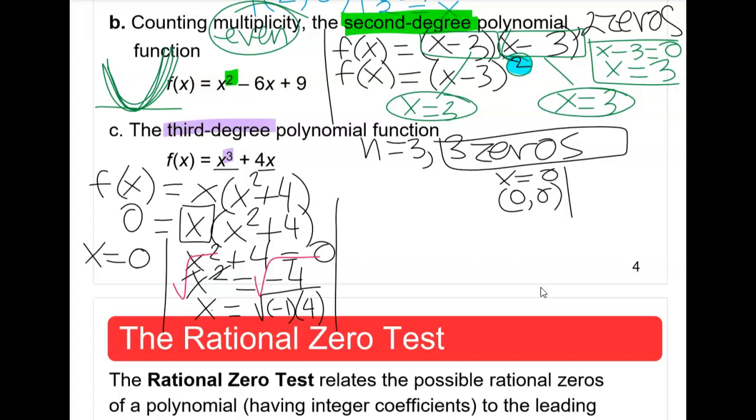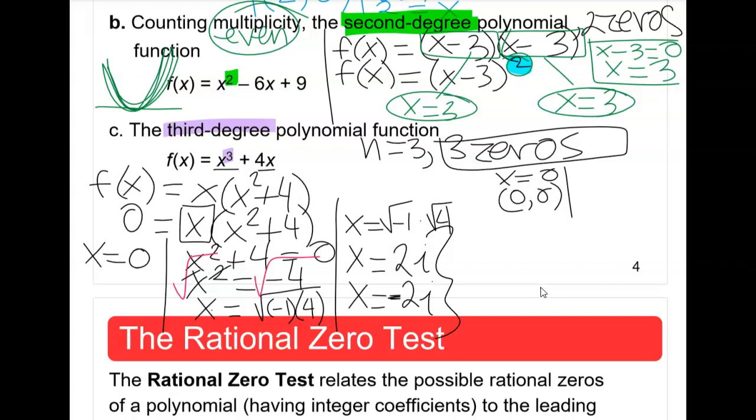And from here, we could say that x is equal to the square root of negative 1 times the square root of 4. Now, the square root of negative 1 by definition is i, and the square root of 4 is 2. But in reality, we also have negative 2. In this case, we're going to use both the positive and the negative square root of 4.